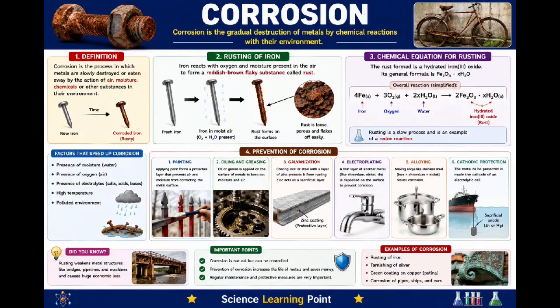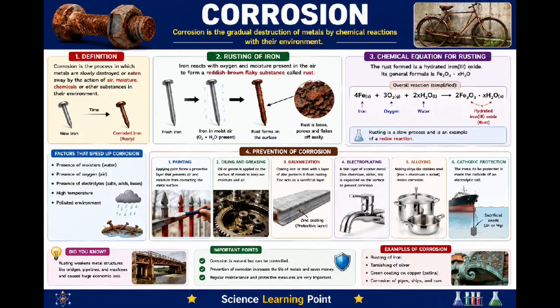Fourth is electroplating. Electroplating is a thin layer of another metal such as chromium or nickel, which is placed on the surface of the iron. Fifth is alloying. For example, iron can be mixed with chromium and nickel to make stainless steel, which is much more resistant to corrosion.